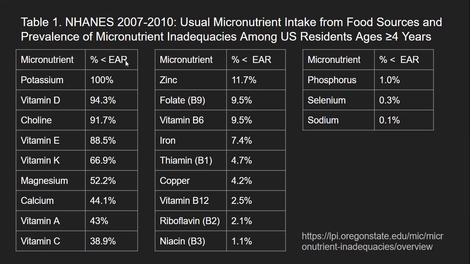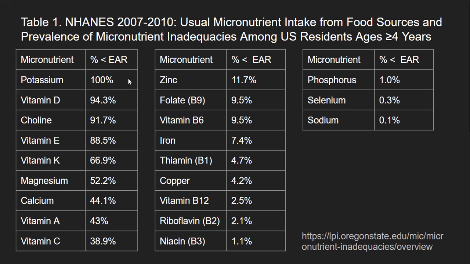So they used the EAR, which, you remember, is 50% of the population. And they measured what they eat based on the survey, and they calculated how much food content that would reflect for the micronutrient.